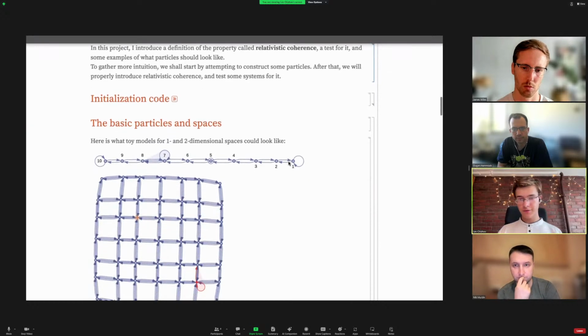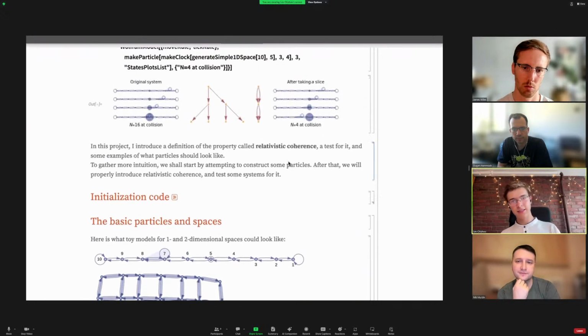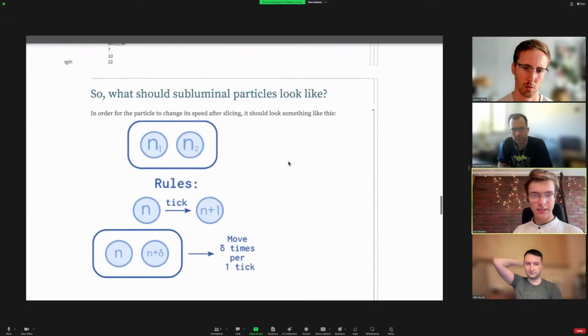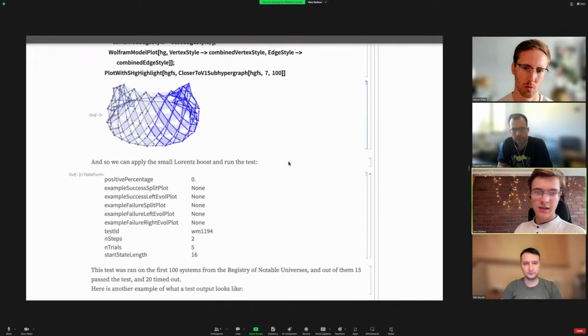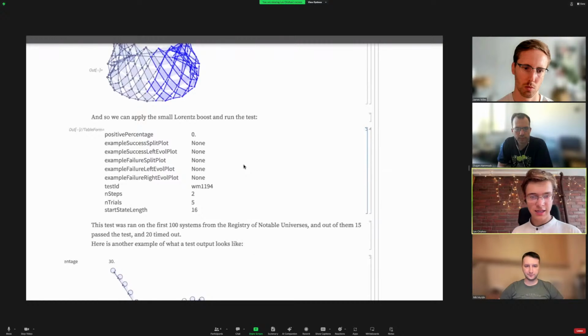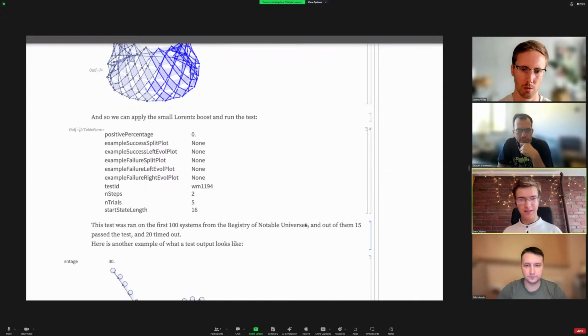So we have the computational test that does a basic sanity check using a small Lorentzian boost, and I have applied it to a number of universes from the registry of notable universes, and 15 of them passed the test, and then 20 timed out. So, it's between 15 and 35% for the first 100 systems. And we should run the test with more resources and on a larger number of systems.